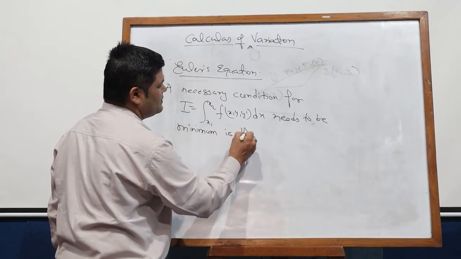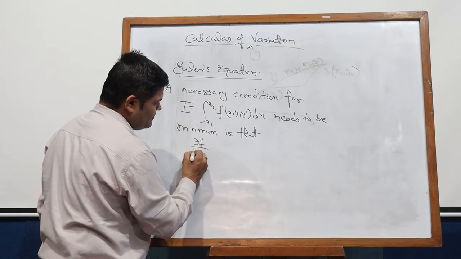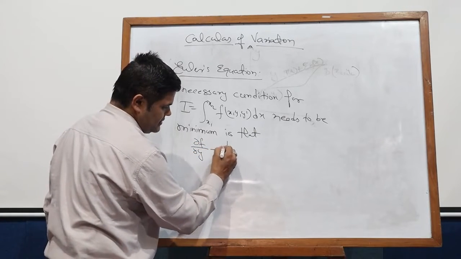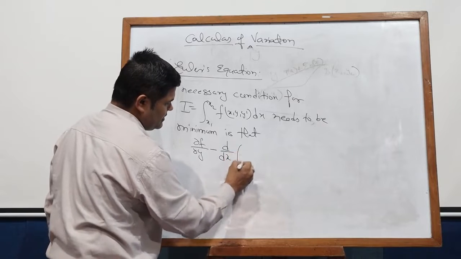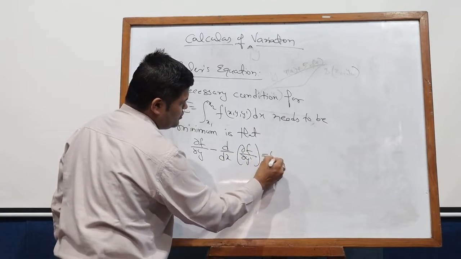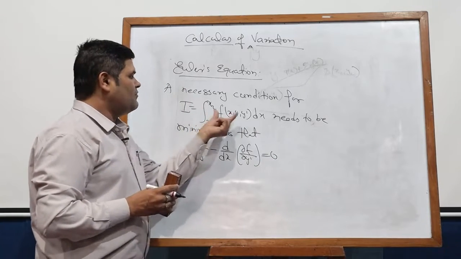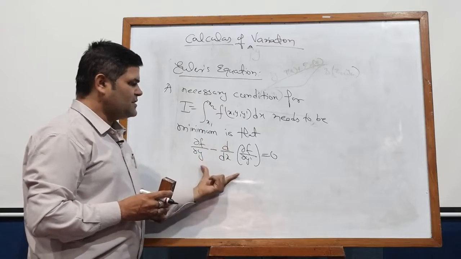The condition is that del f upon del y minus d upon dx of del f upon del y dash needs to be 0. This is the Euler condition, in which a functional is minimum if this is 0.